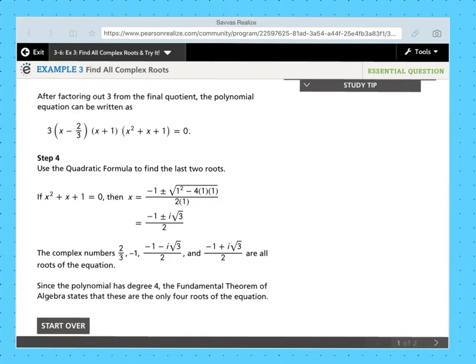They might be identical, which doesn't apply in this case, but it is 4 solutions. We have 2 real roots and 2 complex roots. Okay, so I didn't work this out with you because I think their explanation is pretty straightforward.